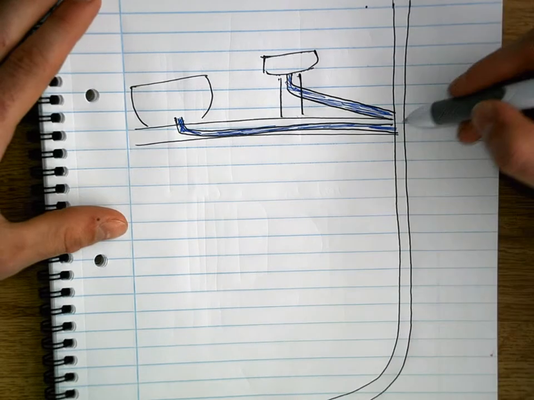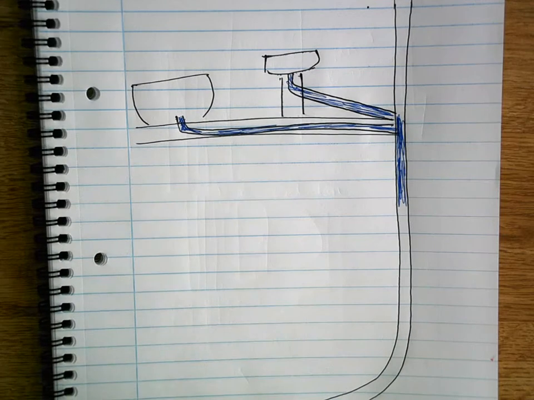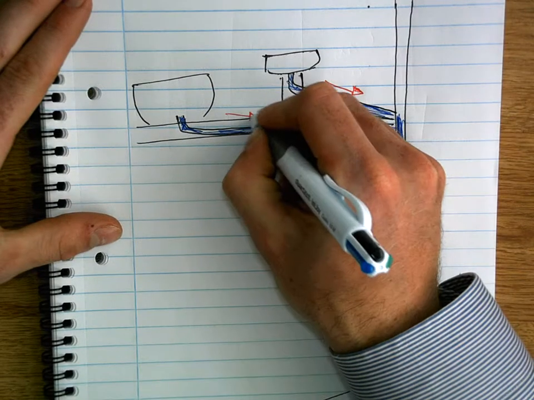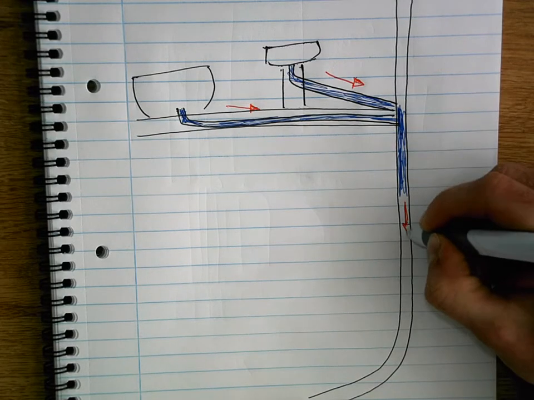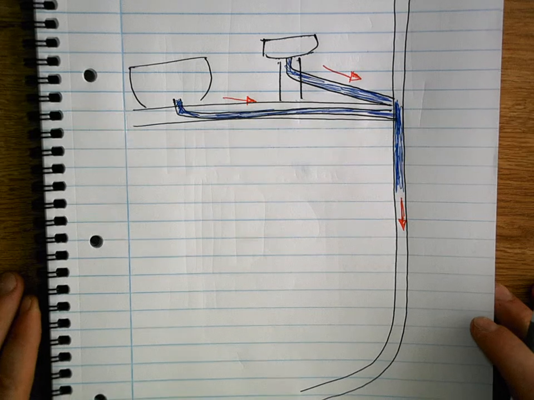Again, just take a little bit more time and put more detail into your sketches. What you could also include maybe would be the direction of flow. So where is the water coming from, where is it going to? So that's going to continue down into wherever your wastewater goes, depending if it's an urban or a rural house.